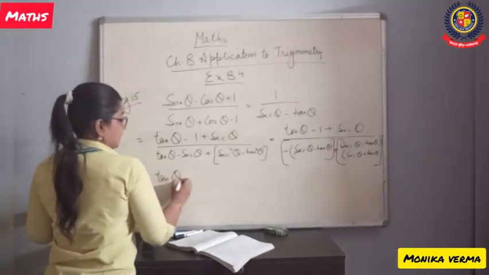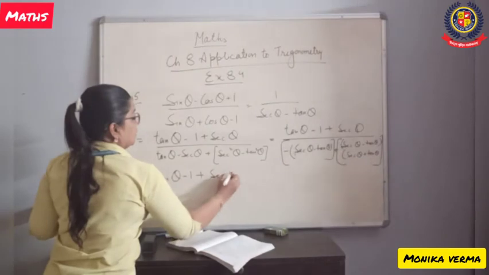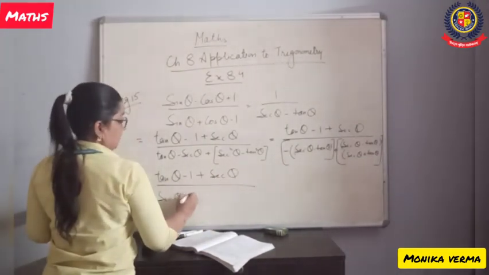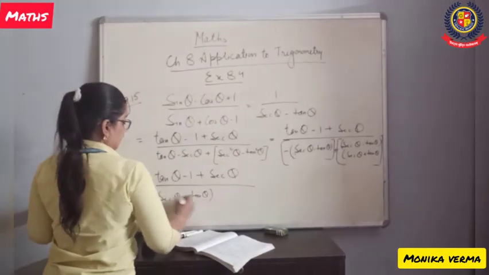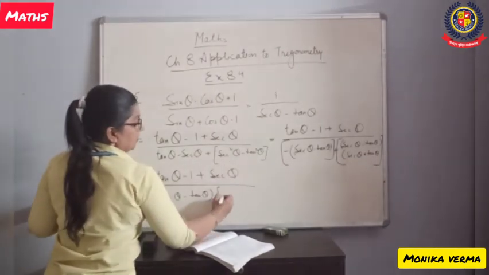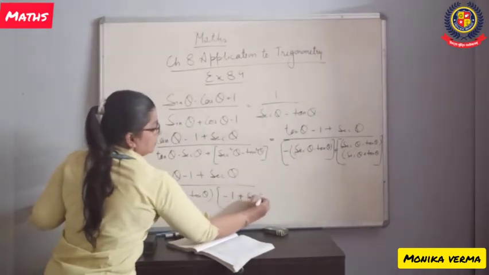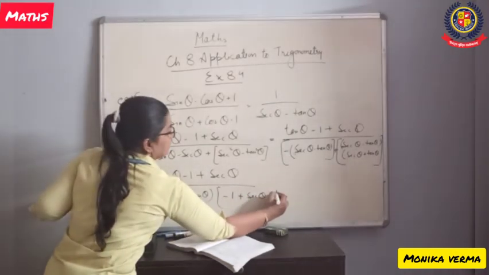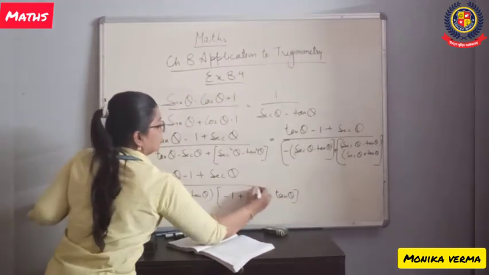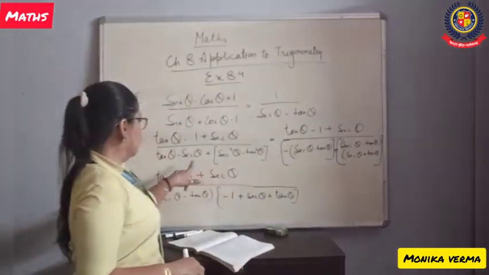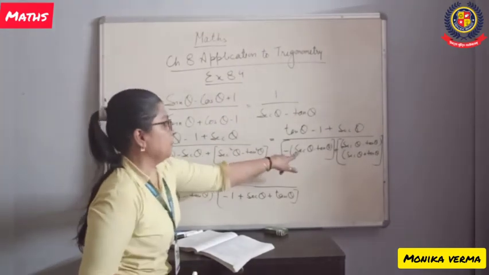Numerator again as it is. Take the common sec theta minus tan theta. What is left? Minus 1 plus sec theta plus tan theta. I have taken minus common here, so sec theta was minus, it has become plus.